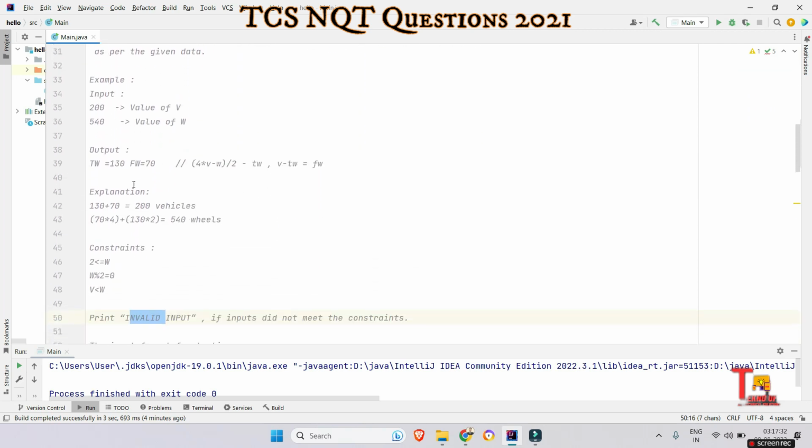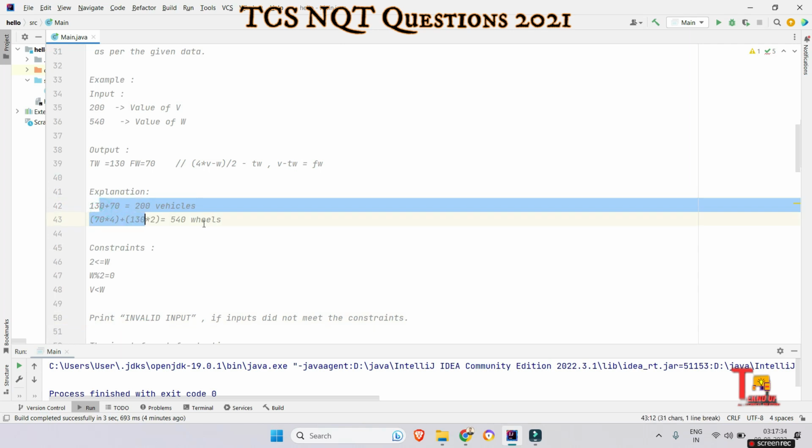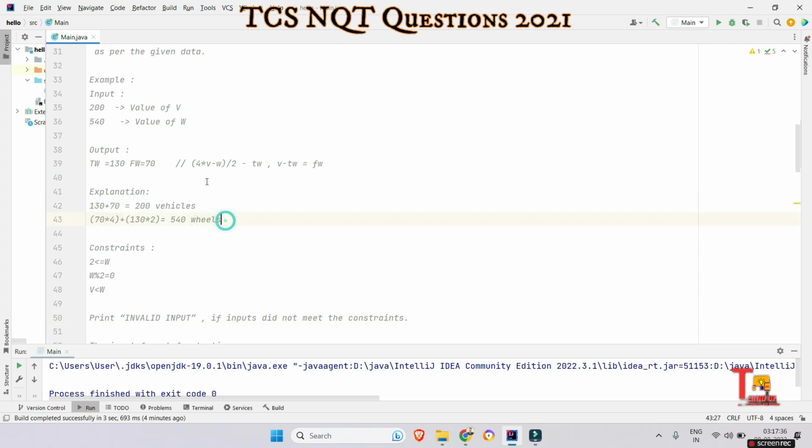And the explanation they gave is like this, but what I will suggest you is to watch this. I have written that the maximum wheels needed will be 4 multiplied by the total vehicles, right? So 4 multiplied by 200 is equal to 800, right?